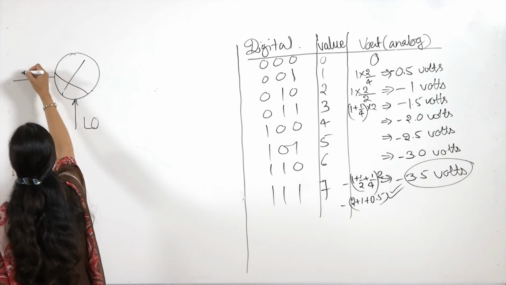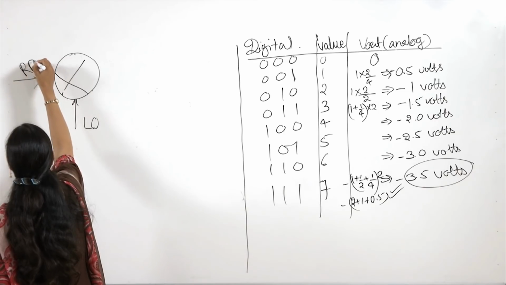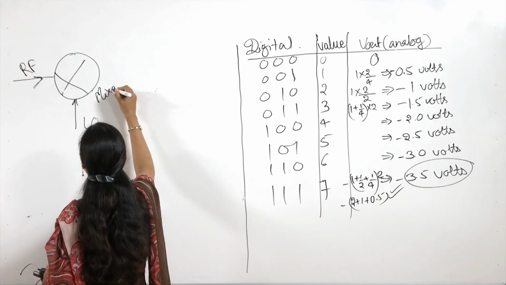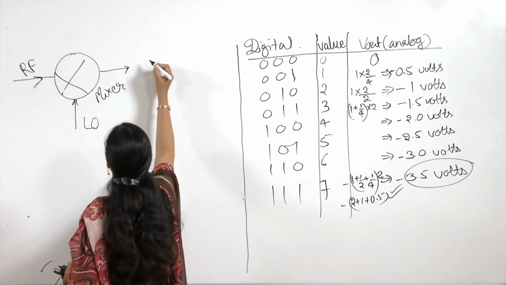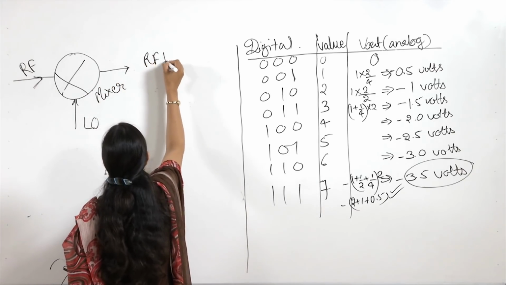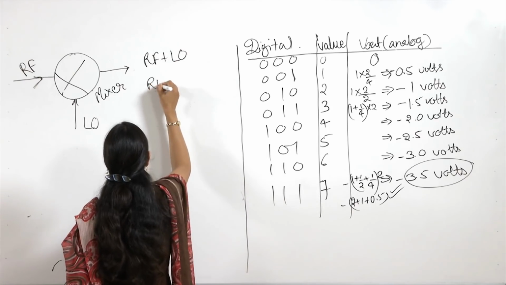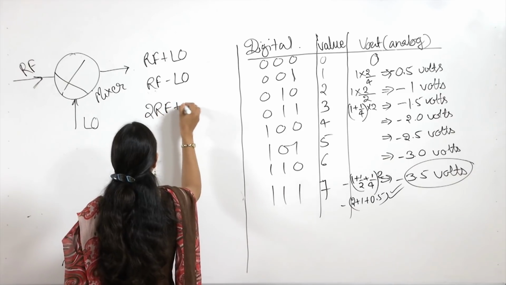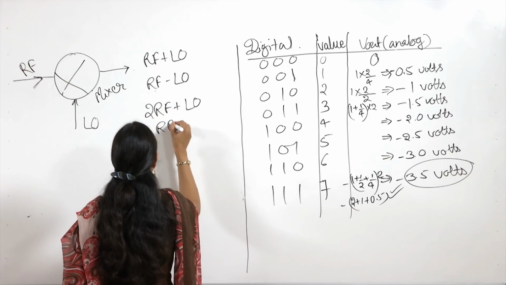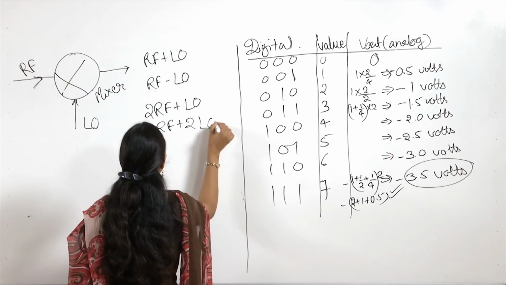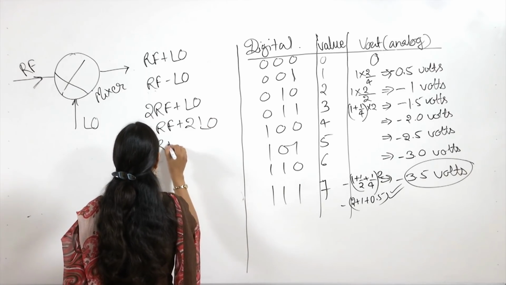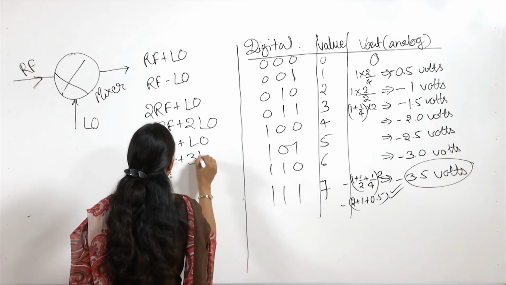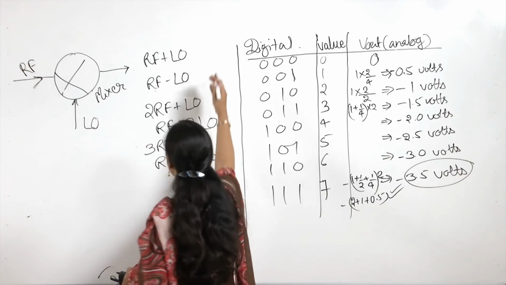It can be analog or RF, and if this is the input to this mixer, then the output can be RF frequency plus LO frequency, RF frequency minus LO frequency, and its harmonics, and so on, other combinations also.